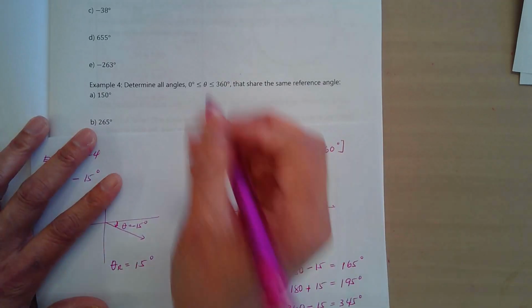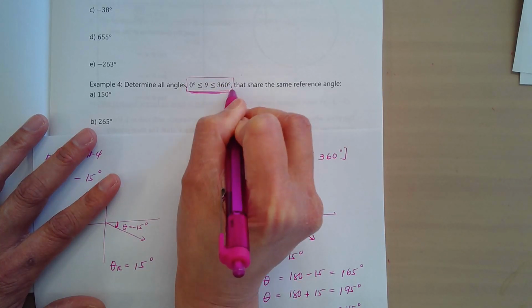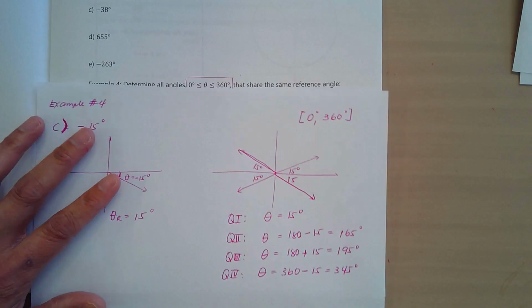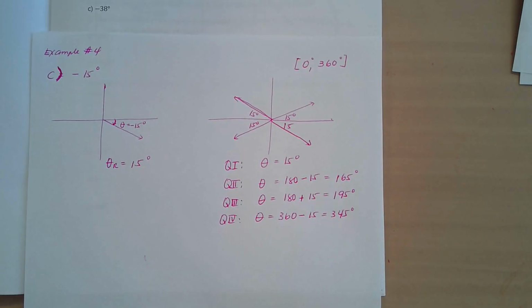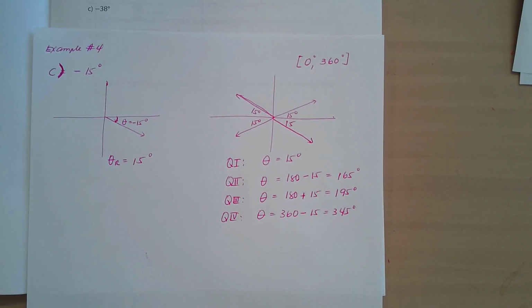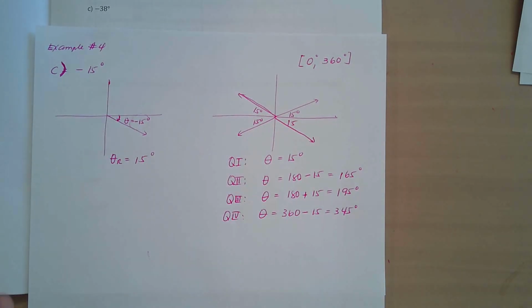No, they said to determine all the angles between 0 and 360, not negative 360. Is that good? So we just needed that negative angle in here. It's trying to help us figure out the reference angle for that.